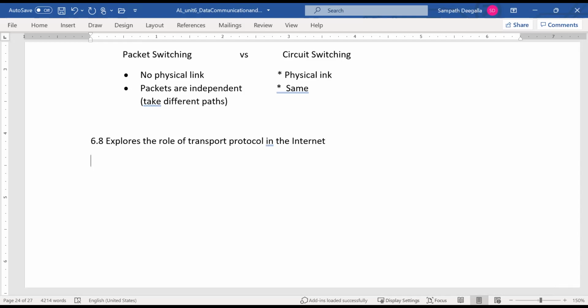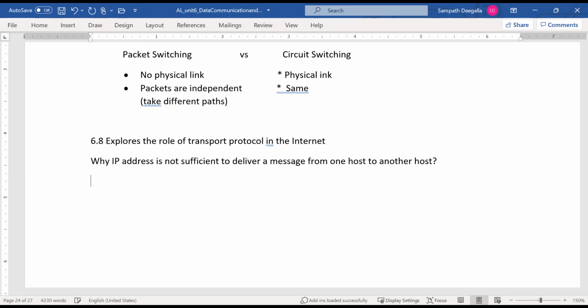The question is, why is an IP address not sufficient to deliver a message from one host to another host?